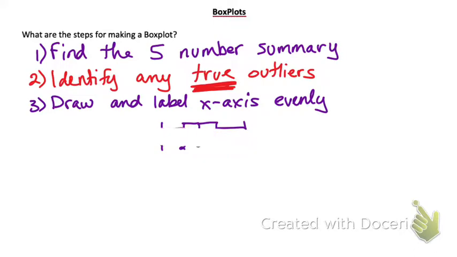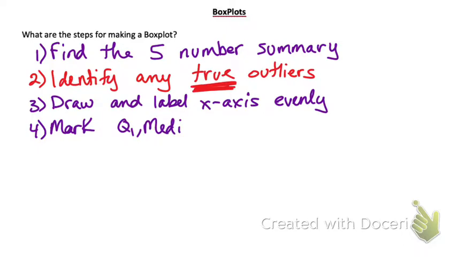Okay, so we draw our axis evenly first, and then we mark Q1, median, and Q3, and connect. So we're making that interquartile range first. We're making the box first. It's a box and whisker, not a whisker and box. So box first.